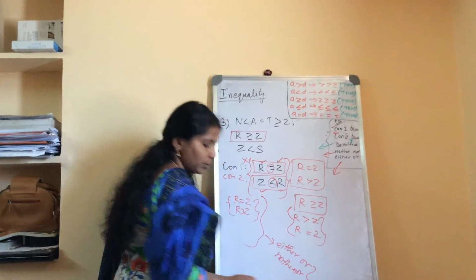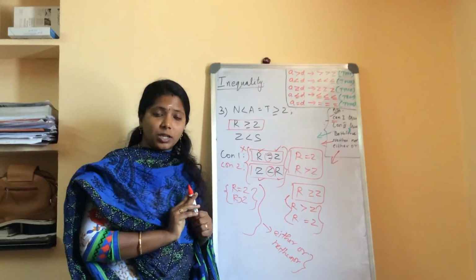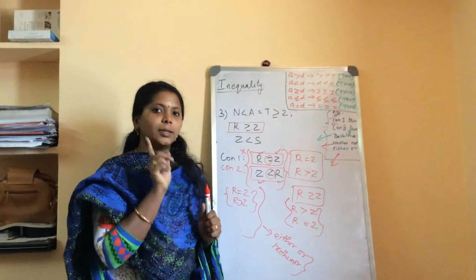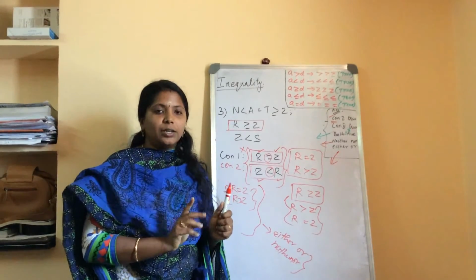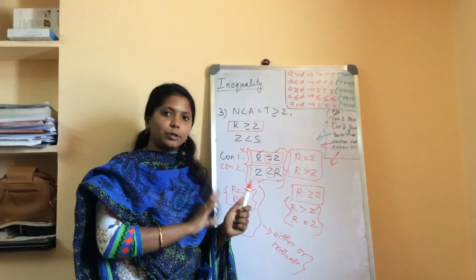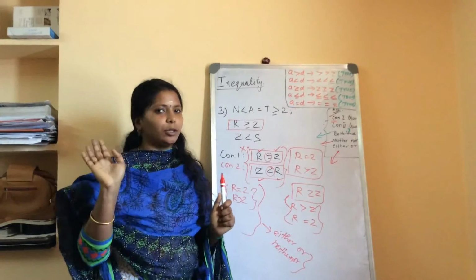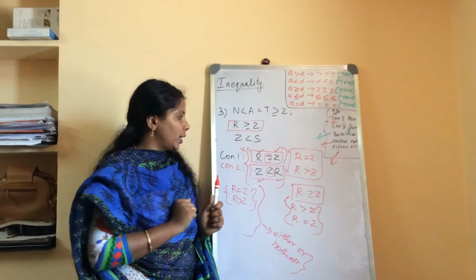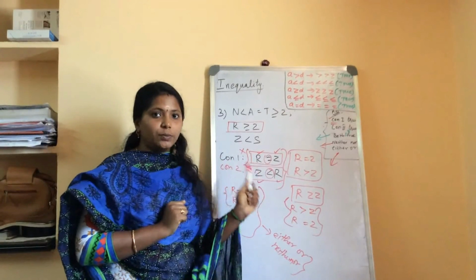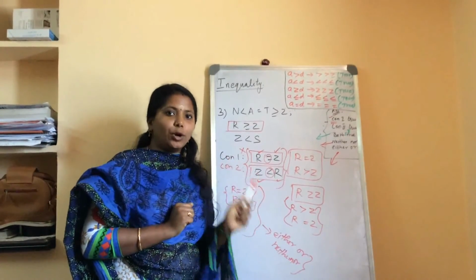First thing, you should go and find whether that particular conclusion follows the either or option. If that particular conclusion follows either or, go and choose the either or option. If not, go and choose the neither nor option. Okay, this is a simple trick to find whether that particular statement is either or neither nor.